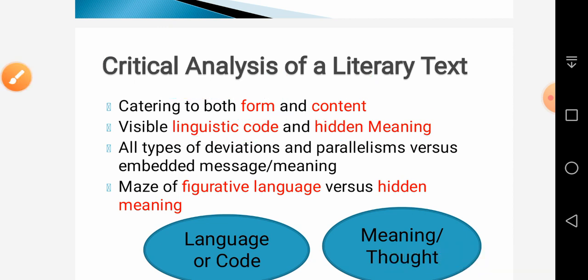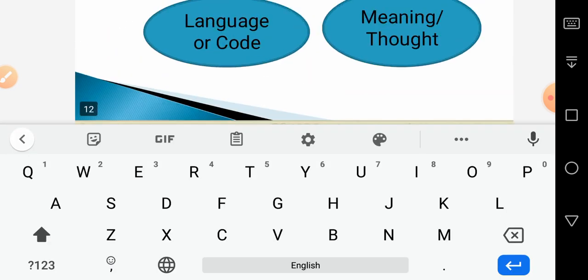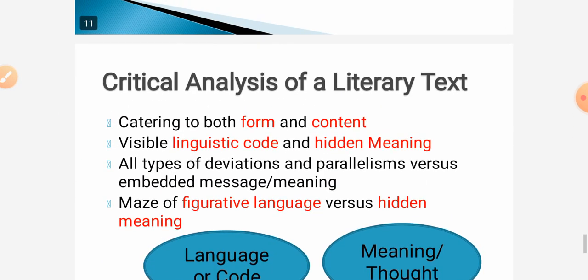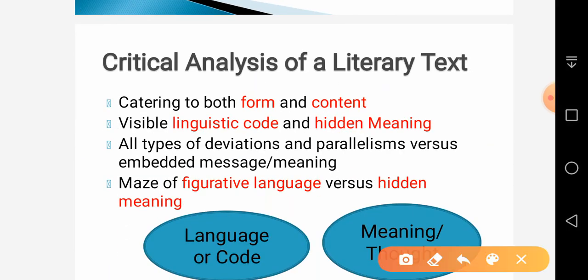So a literary artist may have the content. Usually the content or the hidden meaning is the actual thing in a text, but this hidden meaning or content can be approached through linguistic code or form.